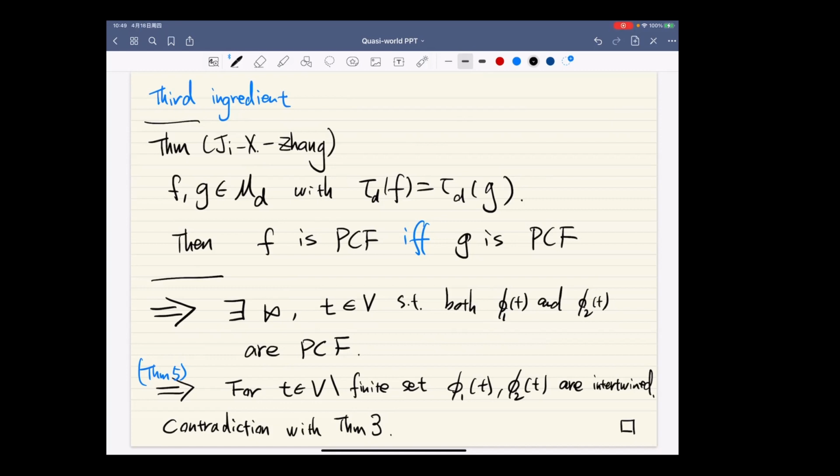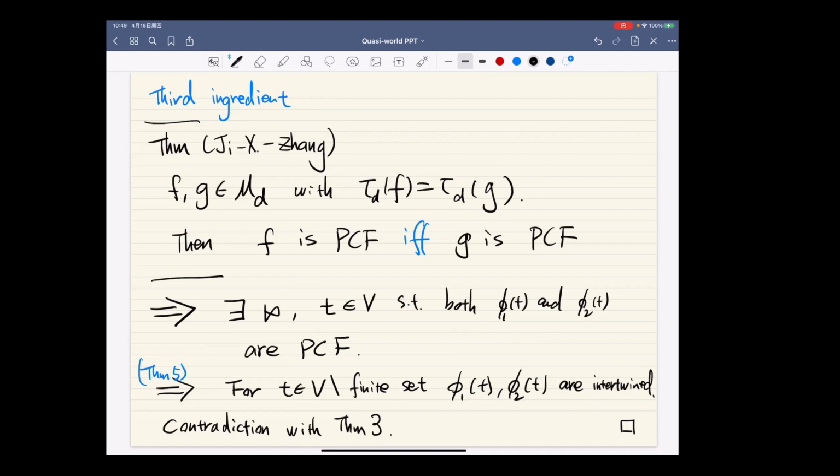Now we can use our theorem phi, the variant version of the dynamical André-Oort conjecture. This implies that for all but finitely many parameters t in V, this phi1t and phi2t are intertwined, but all of them are contained in W, the open set defined in Parkhovich's theorem.